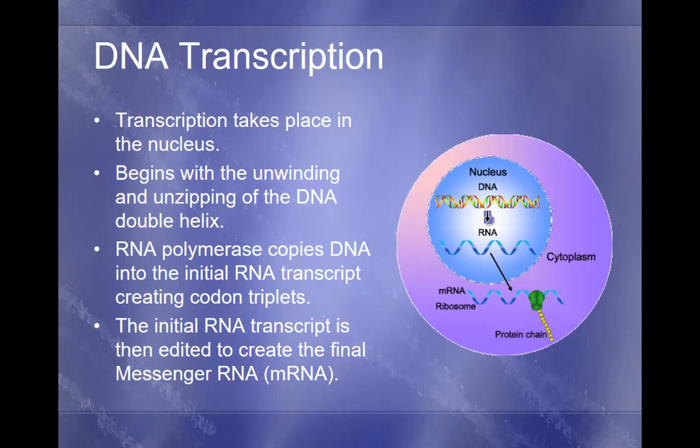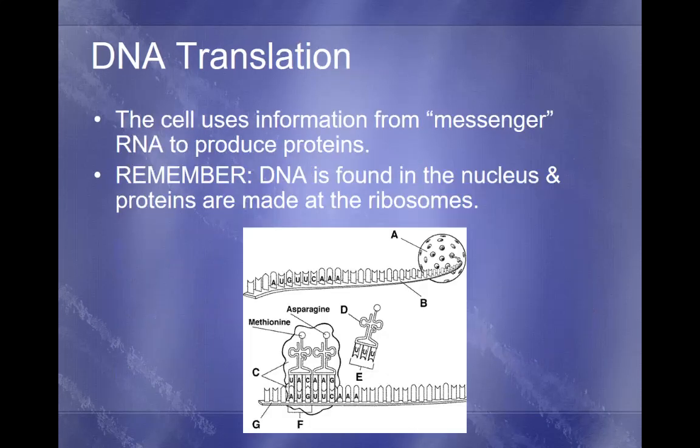All right, so this time we're going to focus on translation. The cell's going to use the messenger RNA to produce proteins. Remember, DNA is found in the nucleus and proteins are made at the ribosomes. So in this particular image, A represents the nucleus. You can see the mRNA leaving the nuclear pore and heading towards the ribosome.